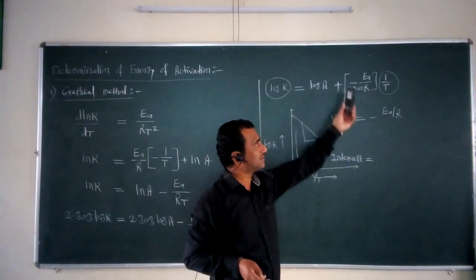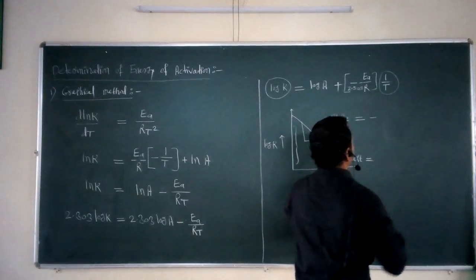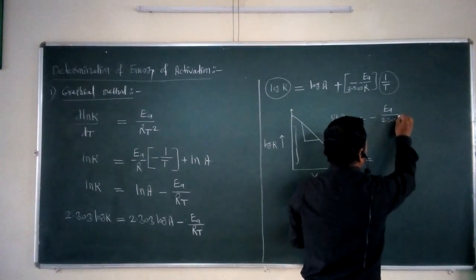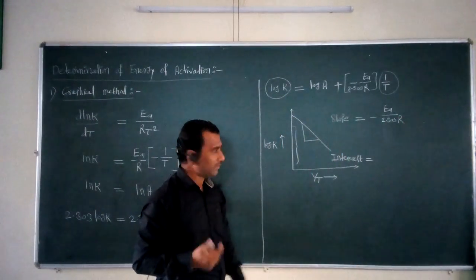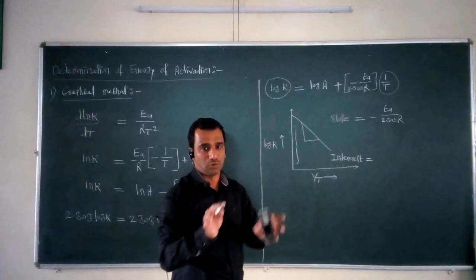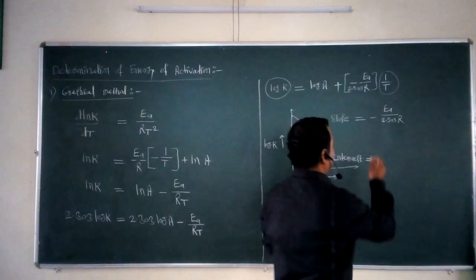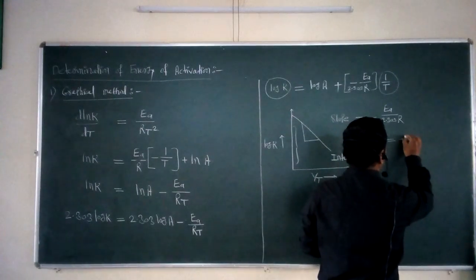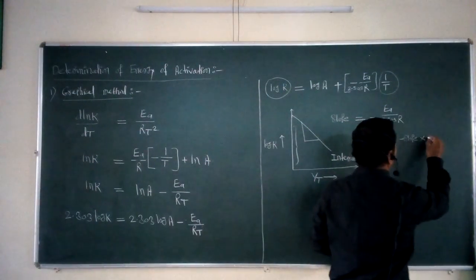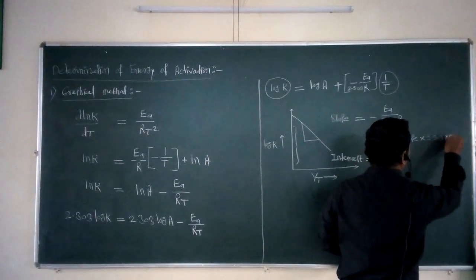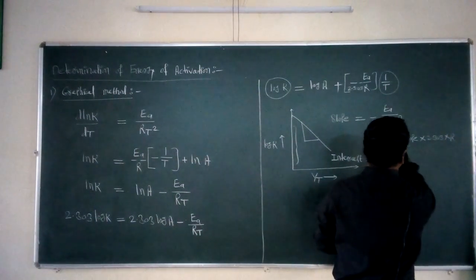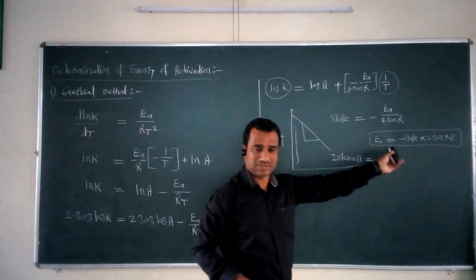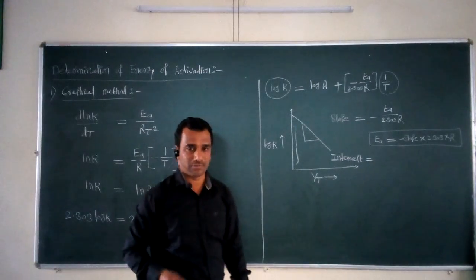The slope comes out to be minus Ea upon 2.303 into R. Once we obtain this slope, if we rearrange this equation, the energy of activation is equal to minus slope into 2.303 into R. So this is the rearranged equation of the slope.